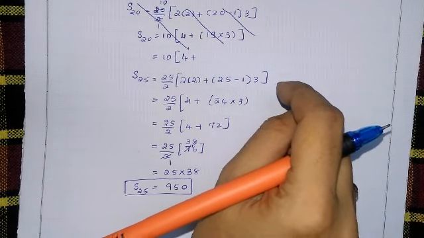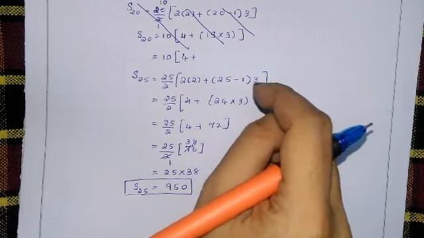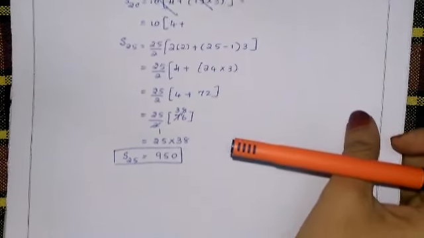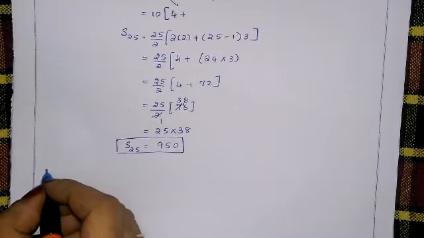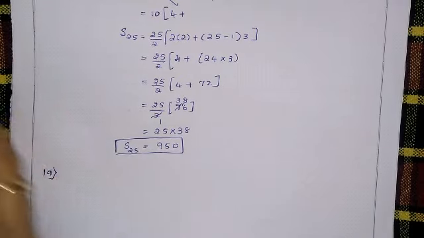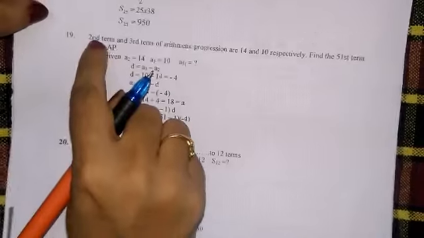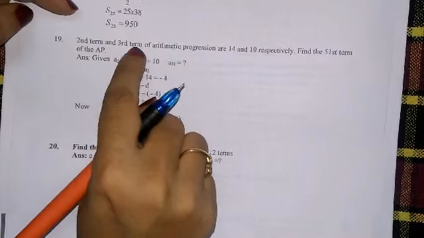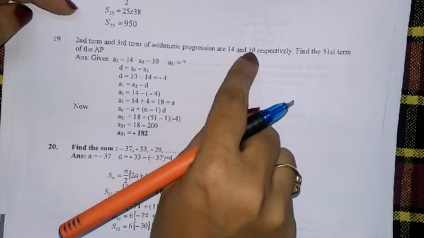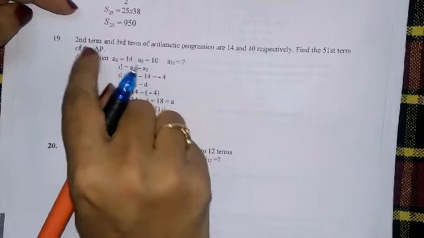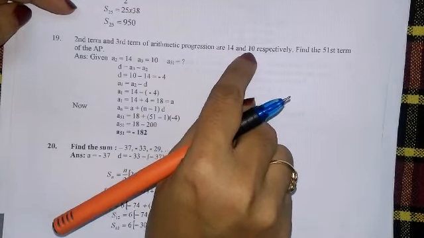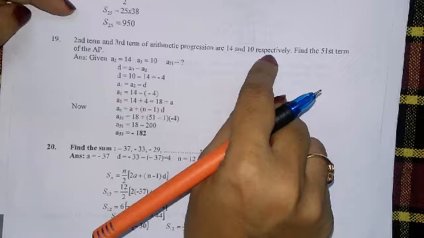Next question is question number 19. The second and third terms of an AP are 14 and 10 respectively.